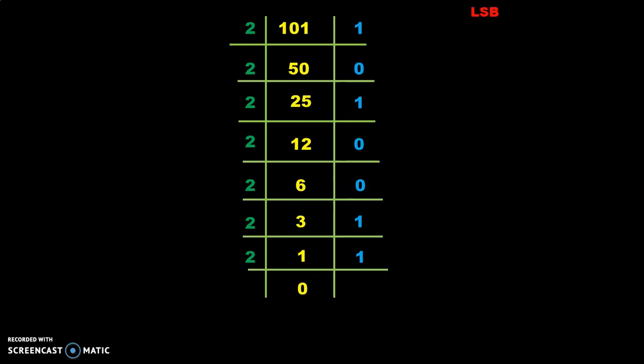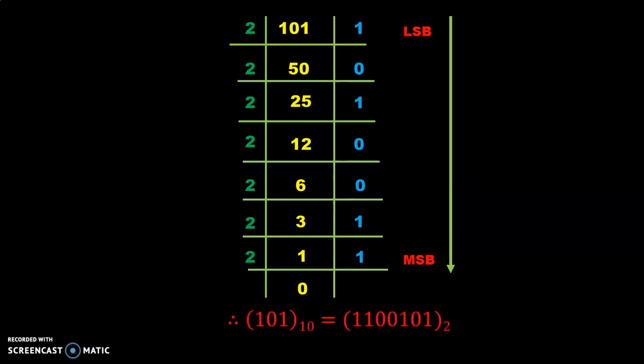The uppermost value of remainder, written in the right hand side column, is known as LSB, and the lowermost is known as MSB. Again we write our binary value from LSB to MSB. So ultimately the decimal value 101, and equivalent binary we will be getting is 1100101. That is our binary value.